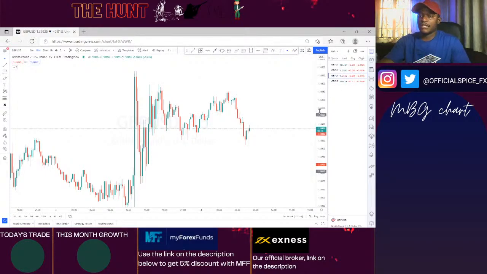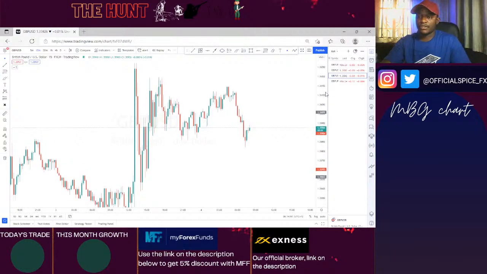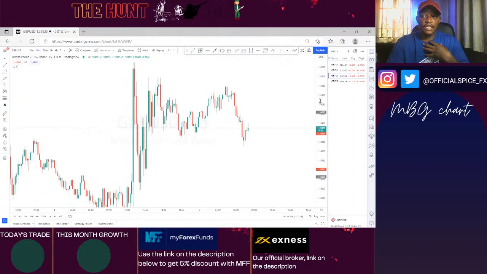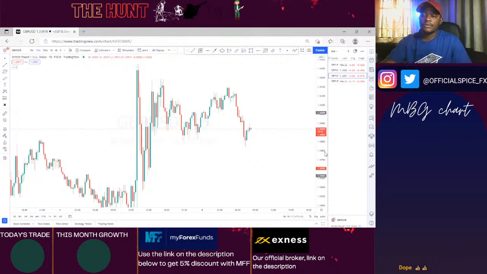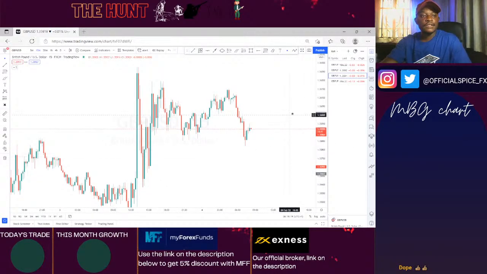If you're a swing trader, you can have as many pairs as you like, but if you're a day trader or scalper, you want to concentrate on two or three pairs that really work for you. I trade just two pairs, GBP JPY and GBP USD, and trust me, with that you can also be good.